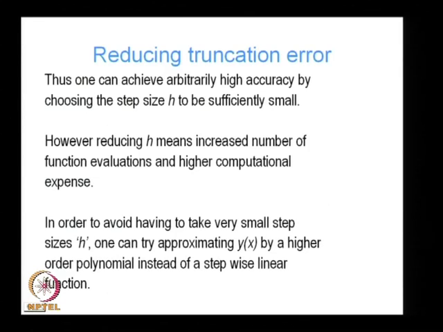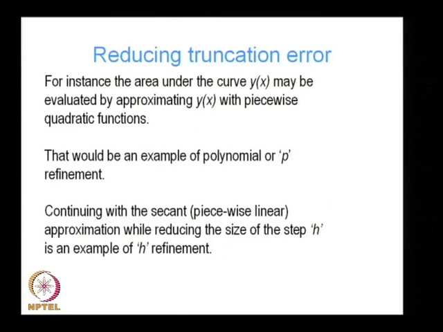In order to avoid having to take very small step sizes h, instead of using a linear approximation which we did here, one can try approximating y of x by a higher order polynomial. For instance, instead of approximating y of x by a linear polynomial, we can use a quadratic polynomial. For instance, the area under the curve y of x may be evaluated by approximating y of x with a piecewise quadratic function.